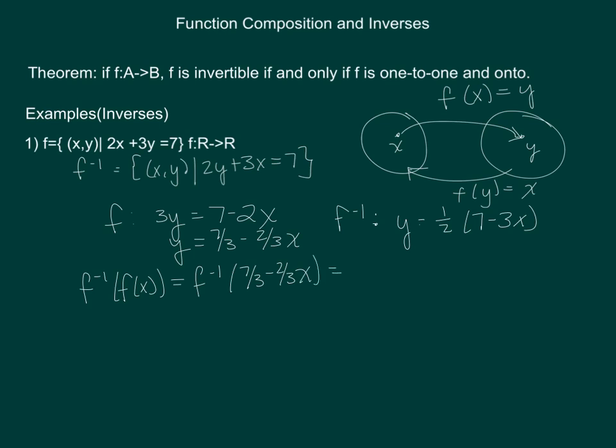which is equal to, now I'm plugging this value in here, 1/2 (7 minus 3 times (7/3 minus 2/3 x)), which is equal to 1/2 times (7 minus, and in this case, the 3's multiply, and I'm going to have minus 7 plus 2x), which is equal to x.